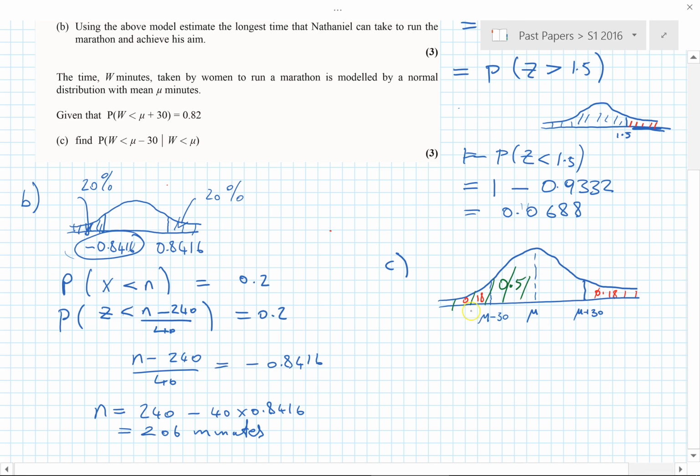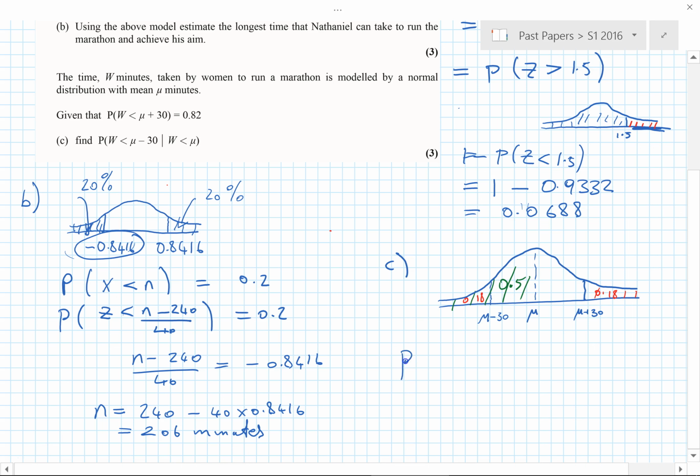So I'm going to use a similar approach, not make too much of a big deal of this, just use what's sometimes called a restricted sample space. We know that we're in the lower end, so that's the 0.5. And of those, we want to find the probability that they're actually less than mu minus 30, so that's 0.18.